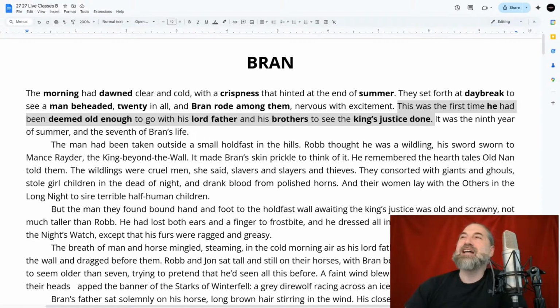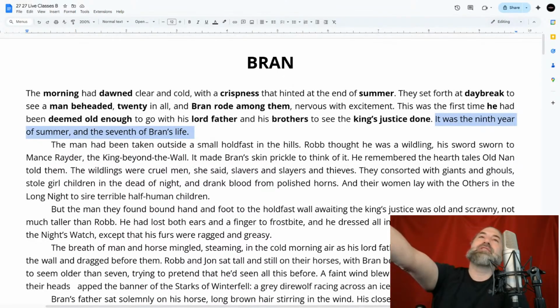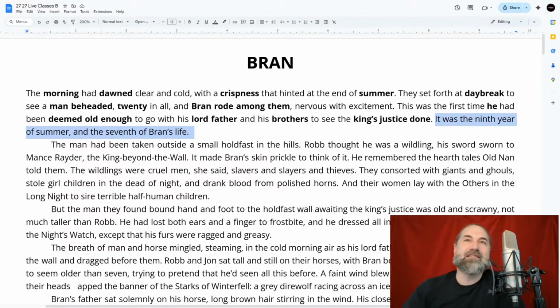But anyway, all right. So this sentence is he had been deemed old enough. So obviously, boom. What did they do? It was the 9th year of summer and the 7th. They are technically connecting to Bran's 7th year, and they're connecting to the theme, which is he had been deemed old enough.